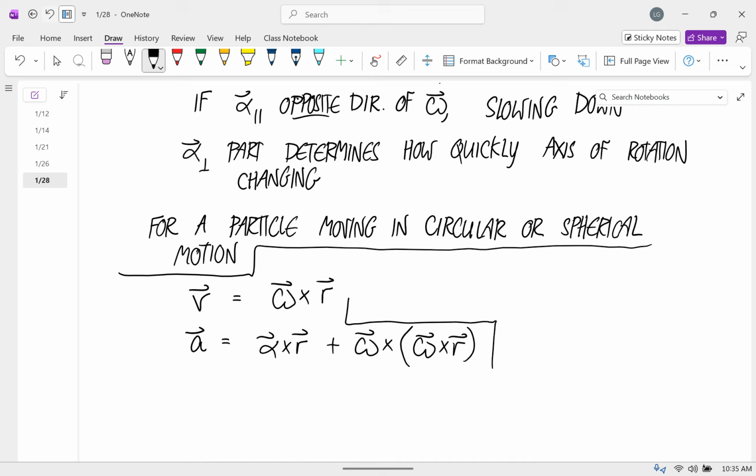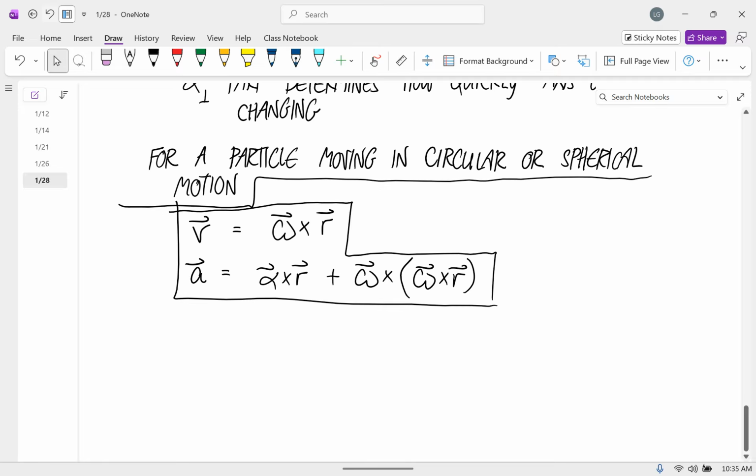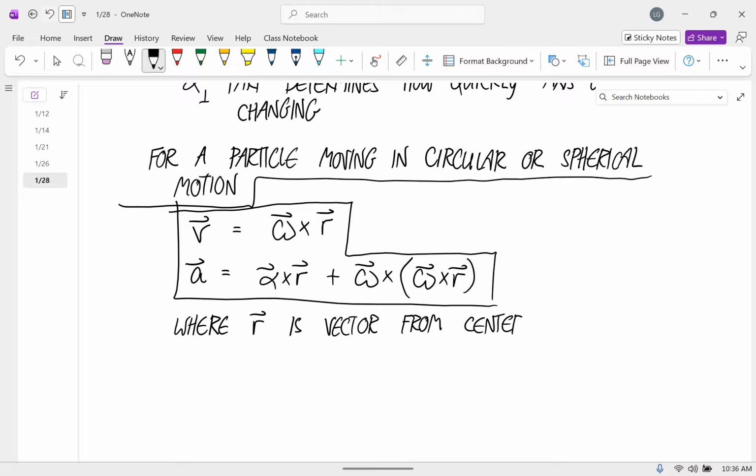These are going to be super key equations that are going to come up all the time in this class. And that r vector is the vector from the center of the circular or spherical motion to the particle.